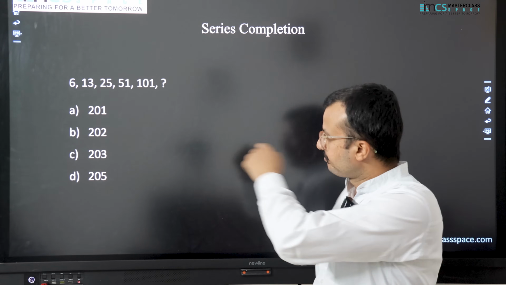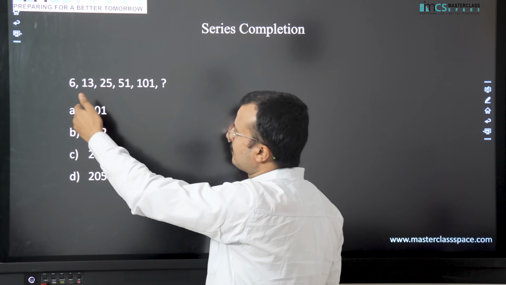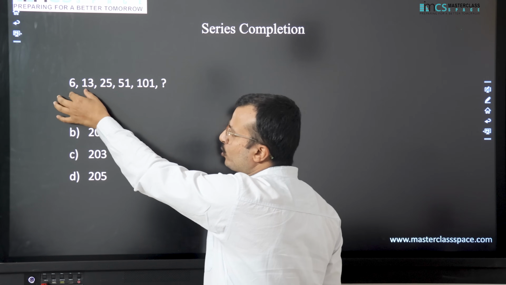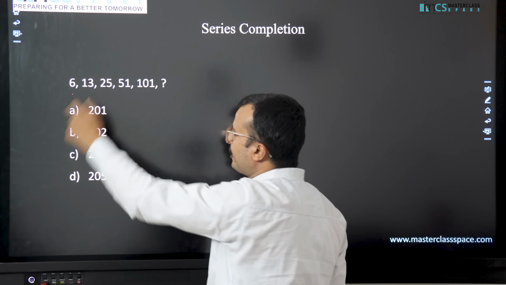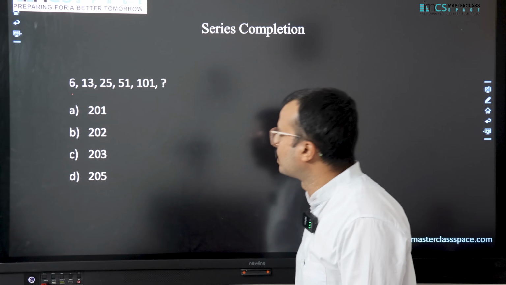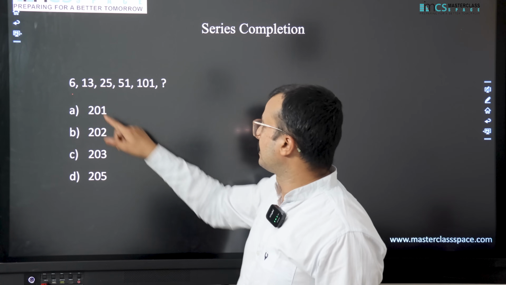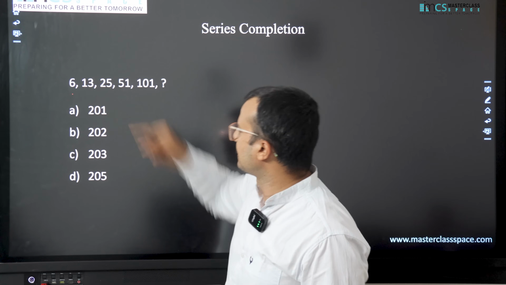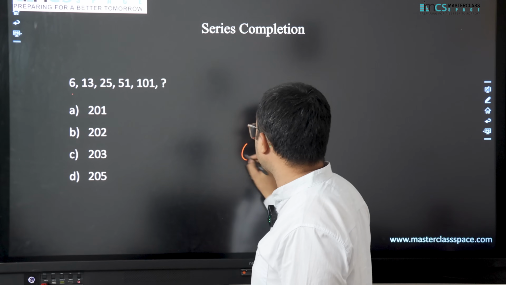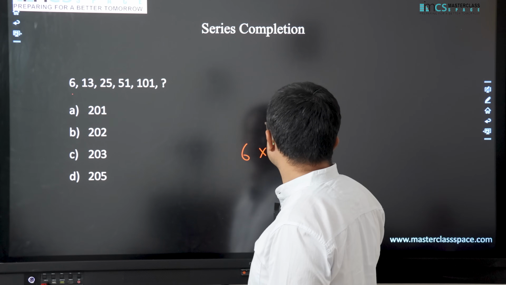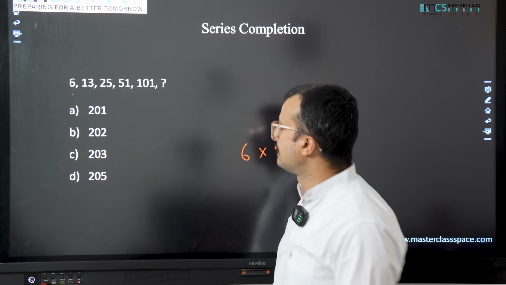Okay, so very obvious guess anyone would take would be, maybe you will try to add the numbers or kind of try to find the difference between the two numbers. If you go a little step ahead of it, you can relate that 6 times 2 plus 1 gives you 13.